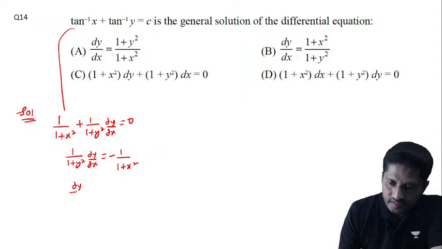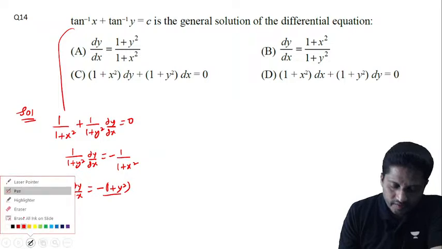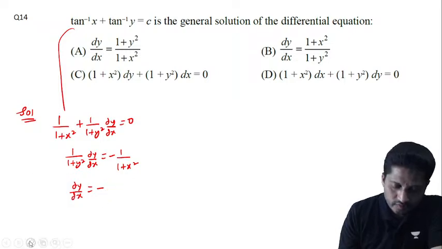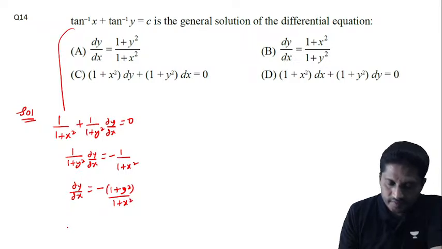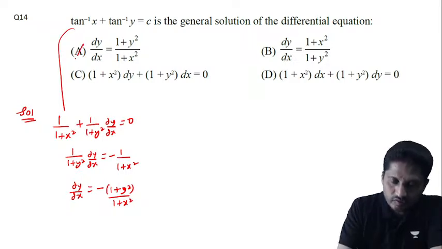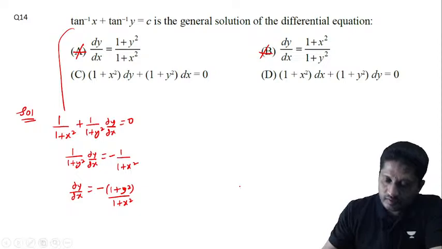So this can be written as dy by dx is equal to minus of (1 plus y square) upon (1 plus x square). Now if I cross multiply, there's no option, this is ruled out.